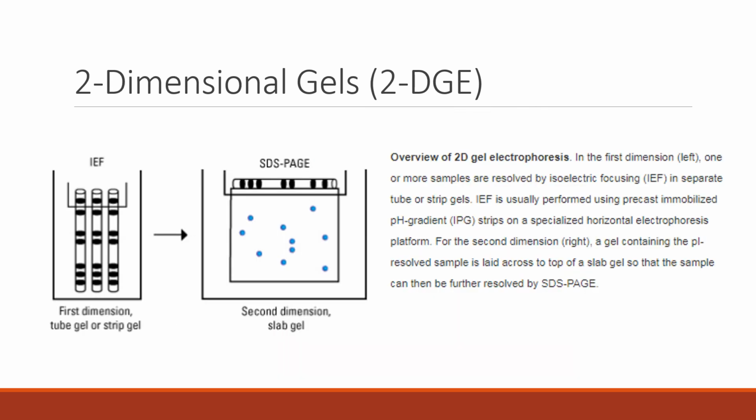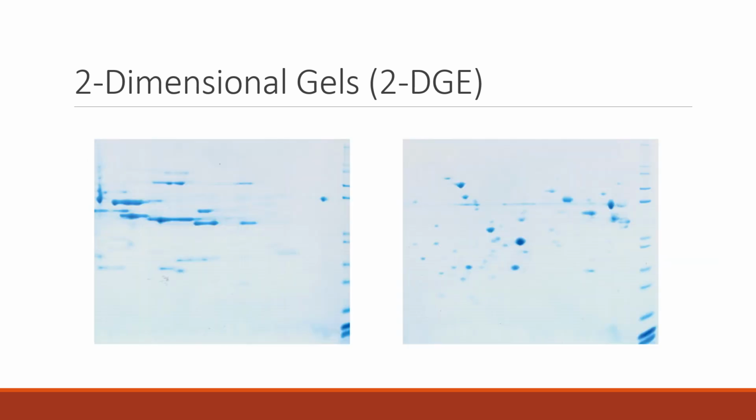This is just another slide giving you another overview of how to use IEF and SDS-PAGE in a two-dimensional gel. We can see here that 2D gels can sometimes look a little confusing, a little complex. We get a lot of information, a lot of data points here.